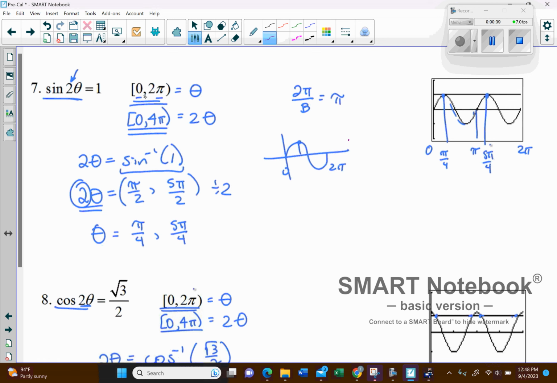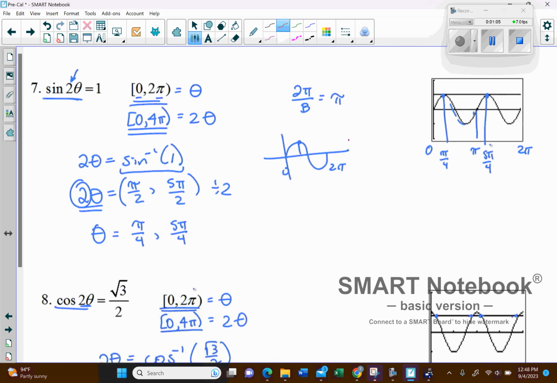There are other ways of doing this problem, but this is probably the most popular way to keep things organized. And so what you do is you expand, in this case, sometimes you condense, but in this case, we're expanding the interval. We're going to double it. And so you go ahead and find those values on the unit circle like you normally would: where does sine equal 1?